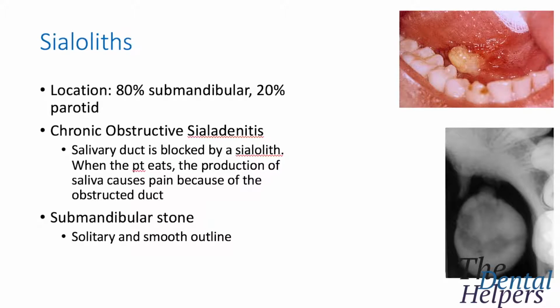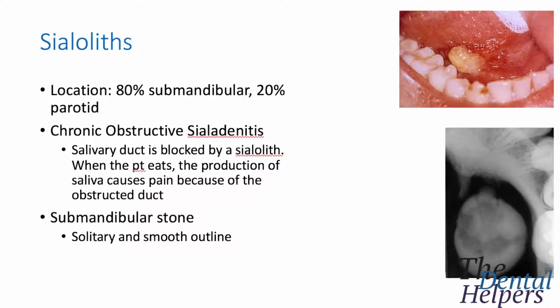Now, the reason it happens in the submandibular over the parotid is the Stenson duct that's going to the parotid is a much shorter duct itself, so it's easier for the fluid to actually leave.